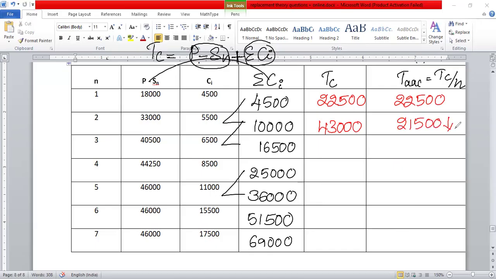Okay, decreases. Similarly, 16,500 plus 40,500 is 57,000, divided by 3, so 19,000.